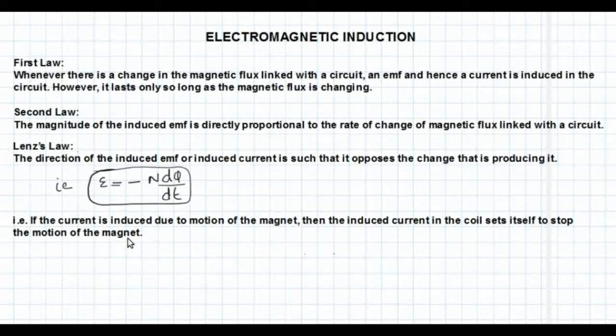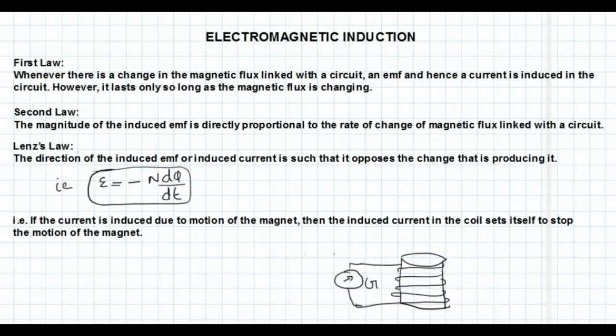The motion of the bar magnet was downward, right? We were inserting the bar magnet into the coil. So the direction of the EMF is such that it will oppose, or show a repulsive force towards this bar magnet, and we will see shortly how important this idea of Lenz's law is.